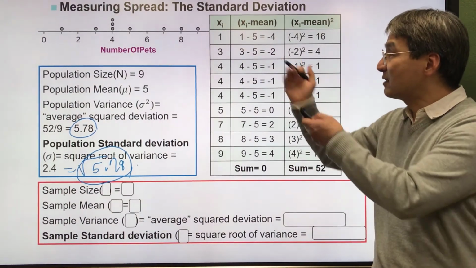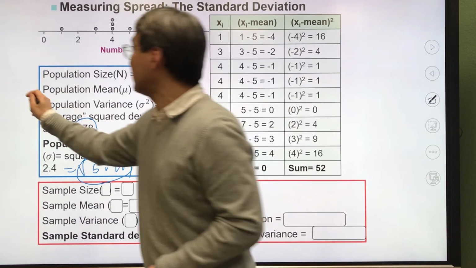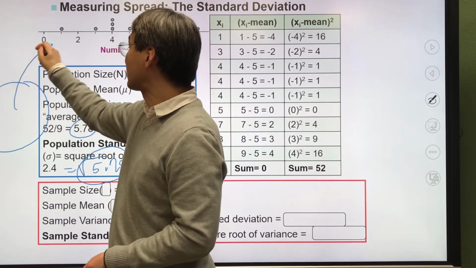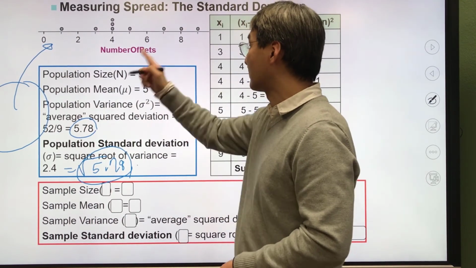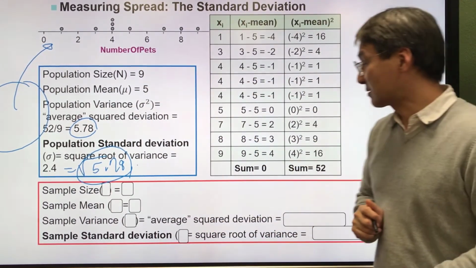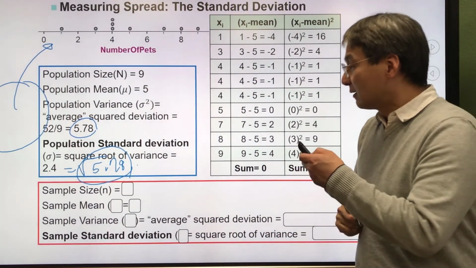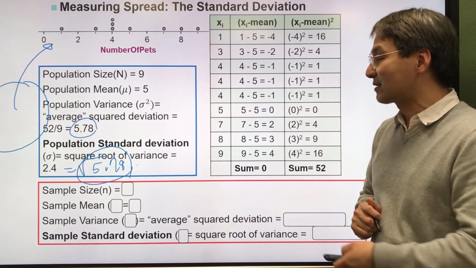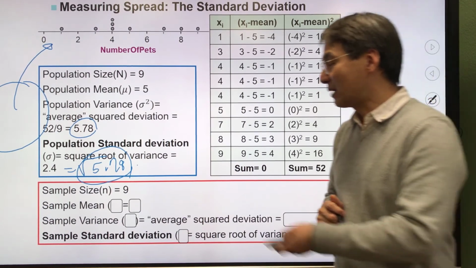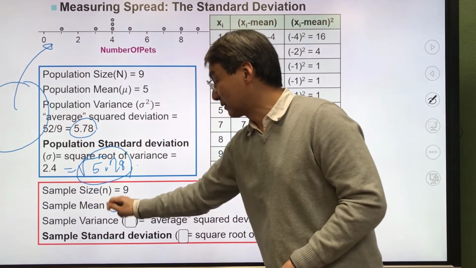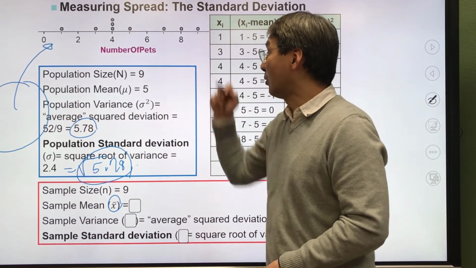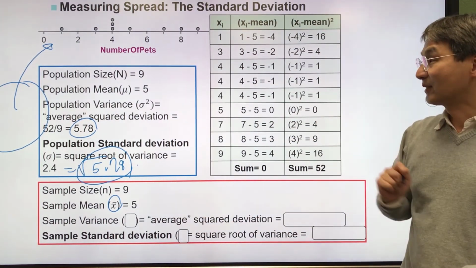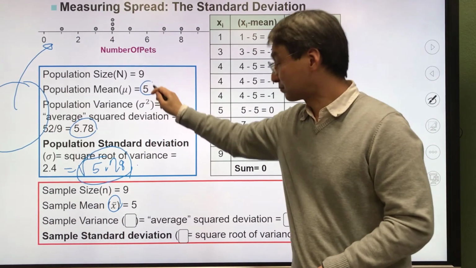However, if this is just a sample of a big population, let's say there are 1 million students, and we chose only 9 students and they have these data points, then this is a sample, so the sample size is 9. The sample mean is x bar, and we add all those numbers up and divide by 9, and it is 5, same as this number.